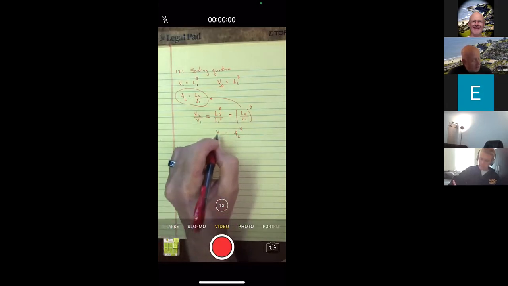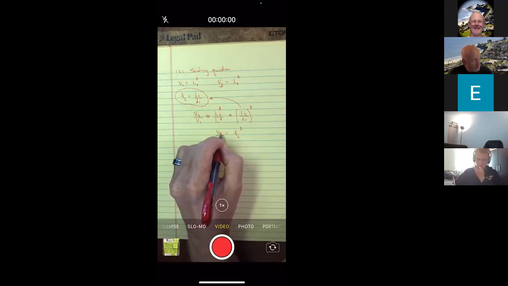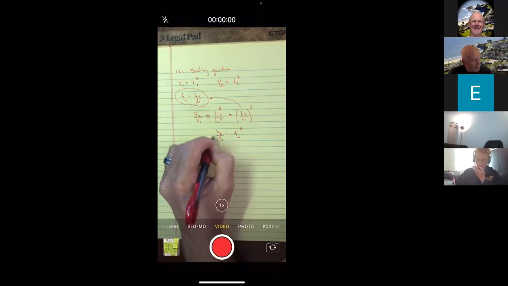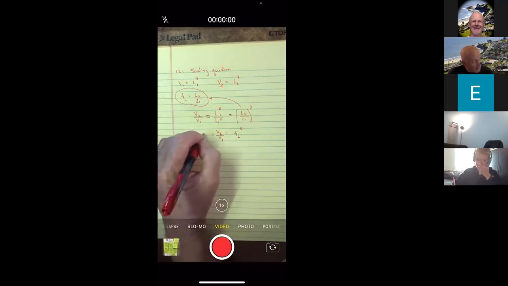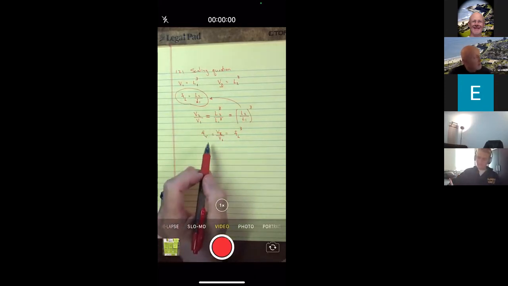And this would be the ratio of the volume 2 to volume 1. And I'm really tempted to call this the scaling factor of volume. But he doesn't.